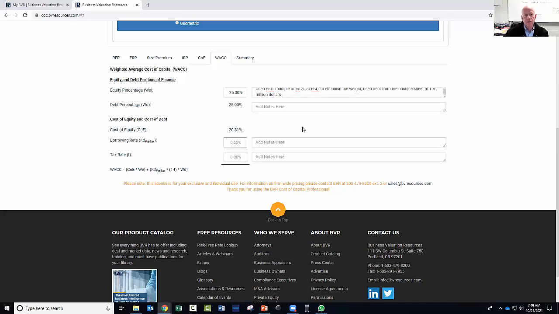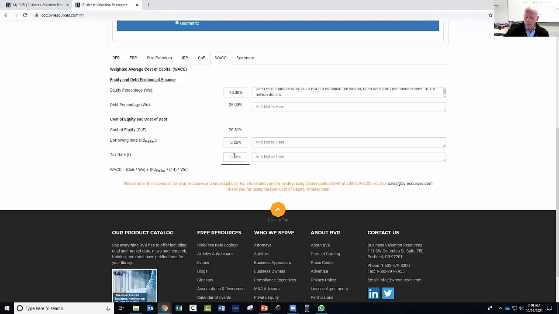Again, this is a number that you might have difficulty just finding, but you can either understand it by intuition, or you can observe other firms in markets or other market transactions. So there's some experience that's necessary here. I happen to know that the current cost of borrowing for a good credit quality firm in an up and coming space is about 5.25%.